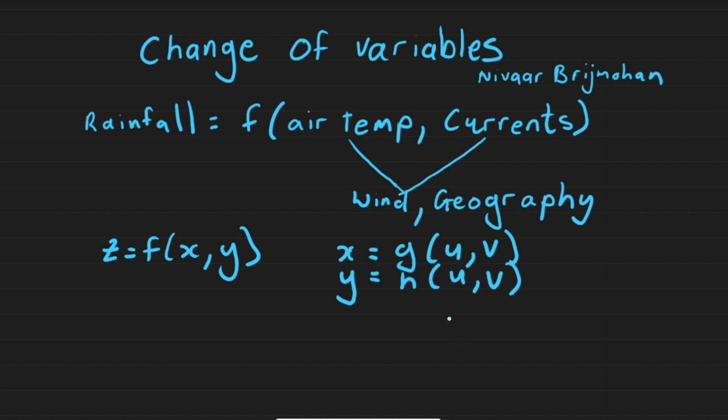So how do we now relate our derivatives to be in terms of u and v? So in other words, what we're asking is, how do we get ∂z/∂u and ∂z/∂v? Okay, well, the answer to that question is to go back to our trusty relation that we have established in the previous videos.